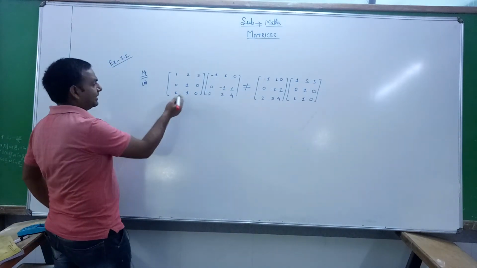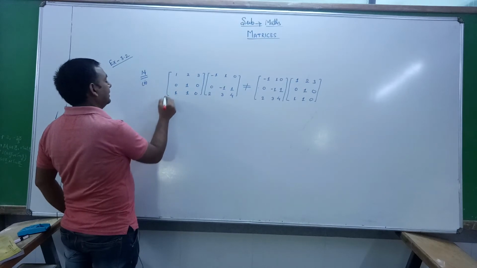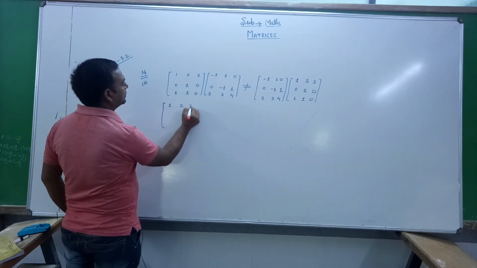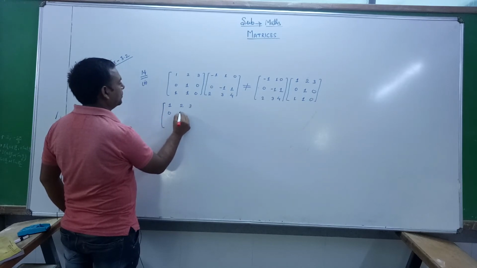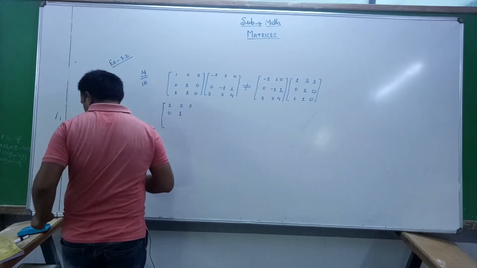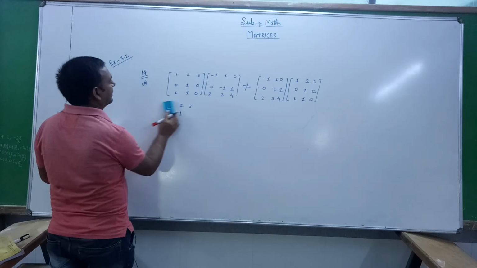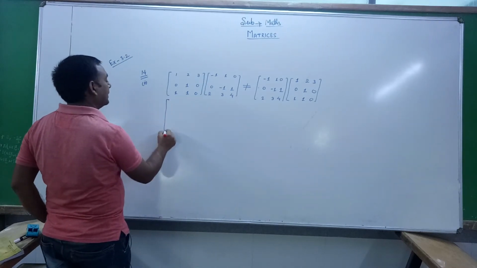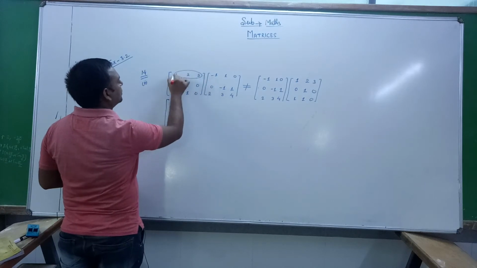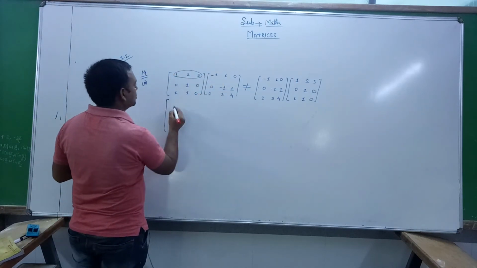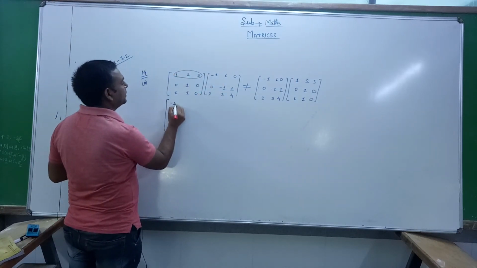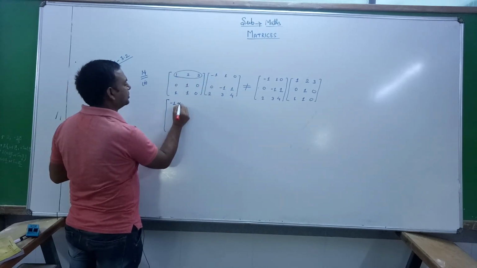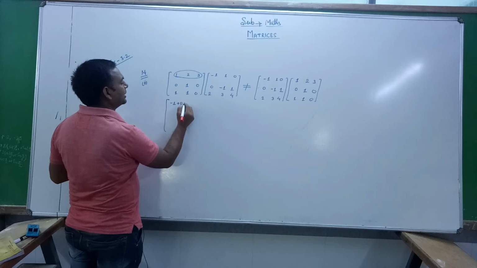So first I take one matrix, A: [1, 2, 3; 0, 1, 0]. I multiply this, taking the first row with the first column. Here, 1 times minus 1 is minus 1, 2 times 0 is 0, 3 times 2 is 6.